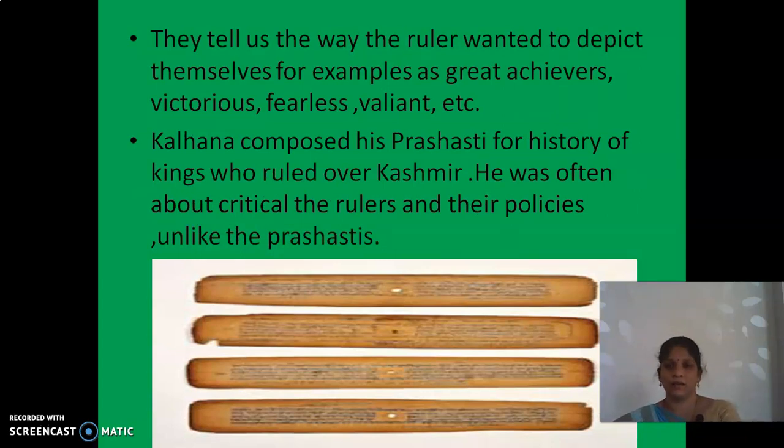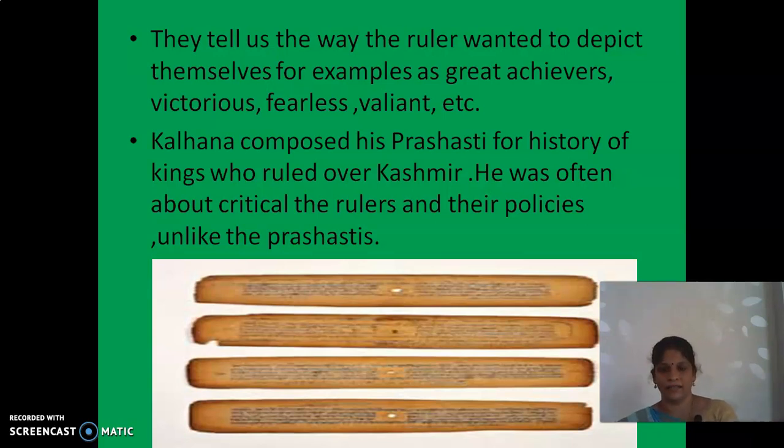They tell us the way the rulers wanted to depict themselves, for example as great achievers, victorious, fearless, valiant, etc. So the Prashasti says how the rulers want to depict themselves to us.